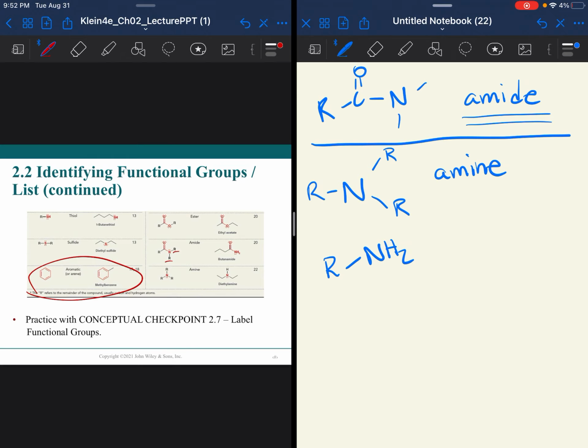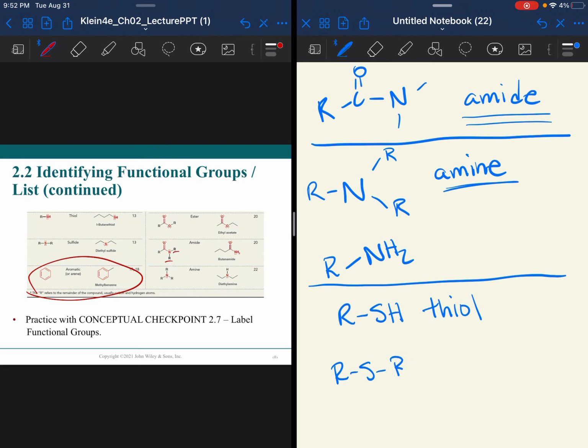That's also an amine. All right, so as long as there's at least 1 carbon attached to the nitrogen and it's not a carbonyl, it's going to fall in this category of amine. And then there are 2 sulfur functional groups that you need to know. The sulfur derivative of the alcohol is a thiol, and the sulfur derivative of an ether is a sulfide.